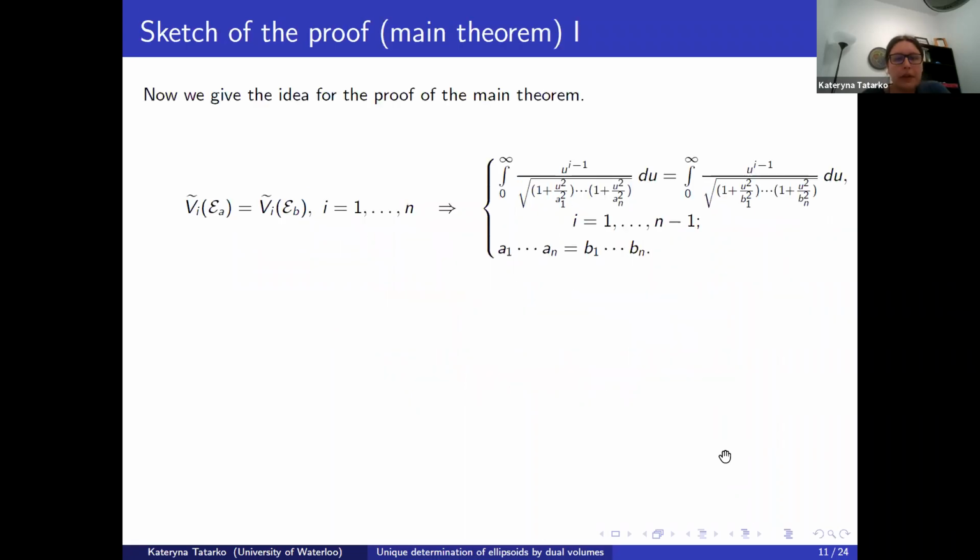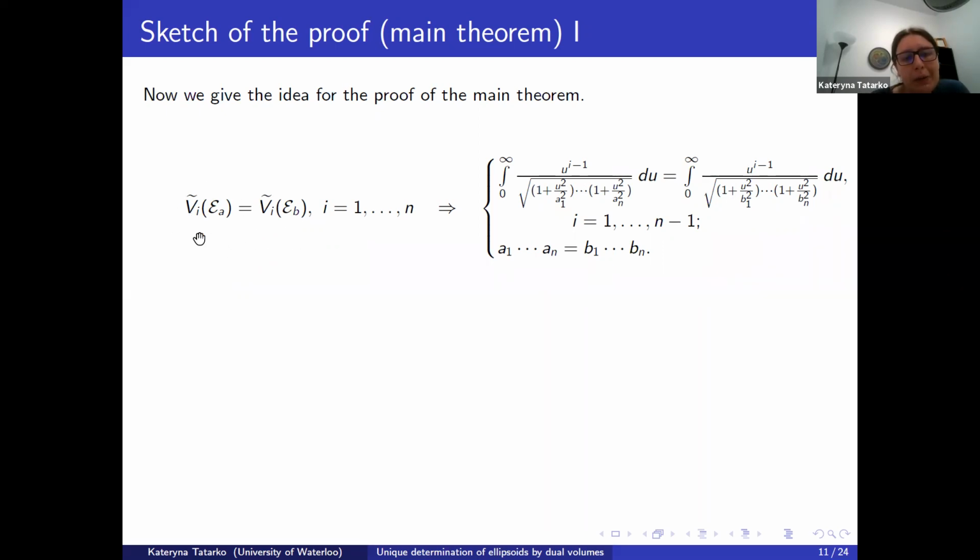So we start with the given n conditions. We know that the dual volumes of the two ellipsoids coincide. Using this integral representation, which we just proved, we can rewrite the first n-1 conditions in such integral form. And the last condition, when i is equal to n, corresponds to just the equality of volumes of the two ellipsoids.